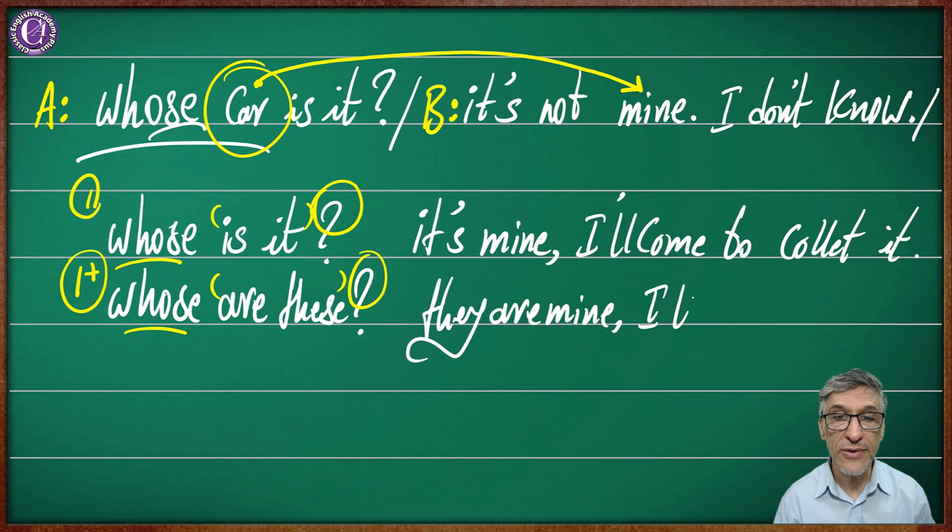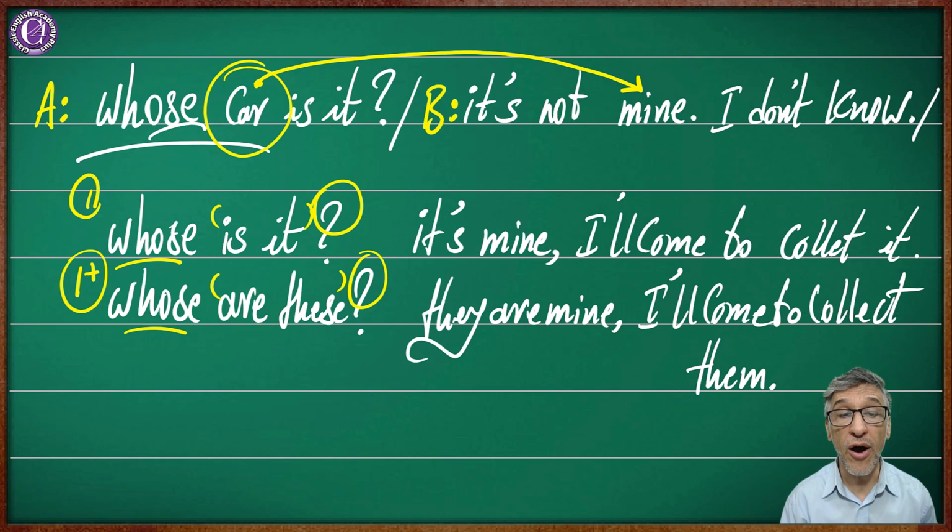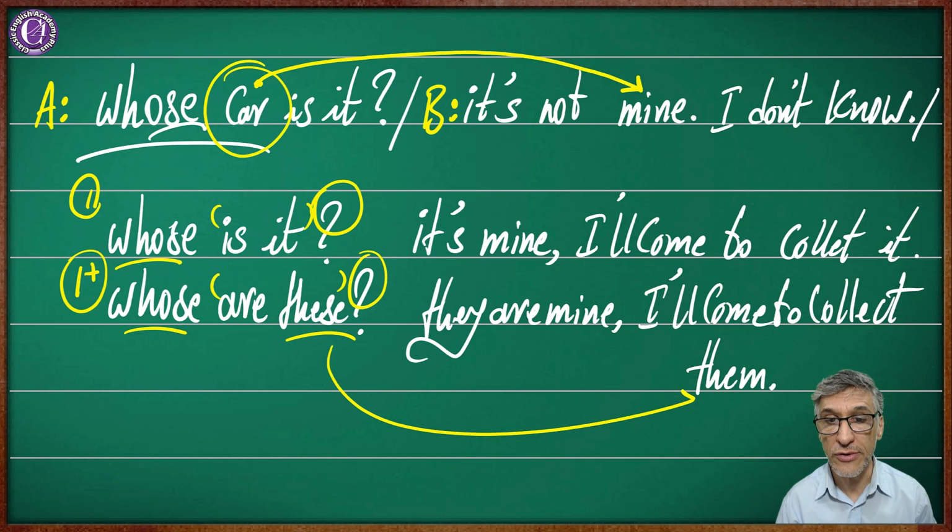I'll come to collect them. You're going to make it with plural. Why? Because the nouns are plural. Whose are these? They are mine. I will come to collect them. Whose is it? It's mine. I will come to collect it.